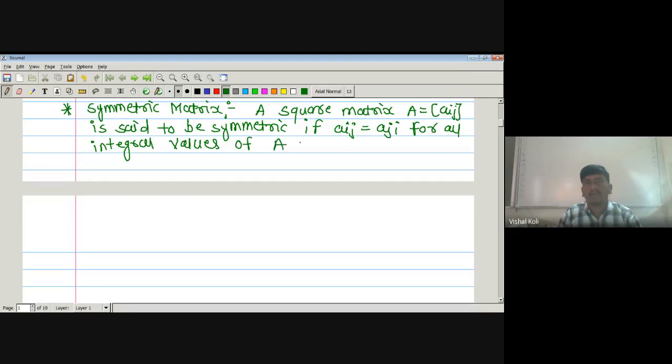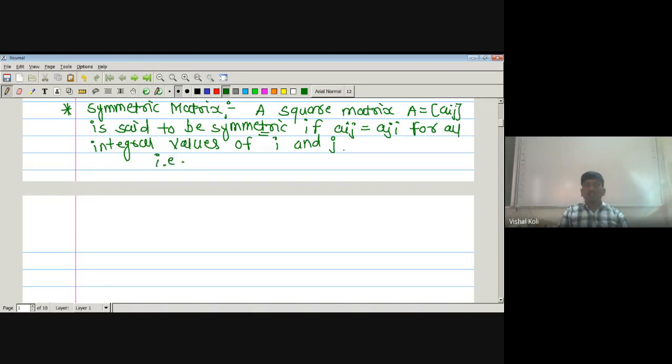Okay, so any square matrix A is said to be a symmetric matrix if Aij is nothing but Aji for all integral values of i and j.